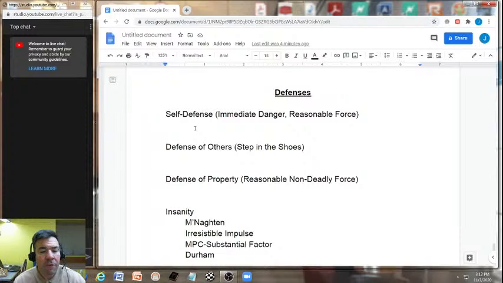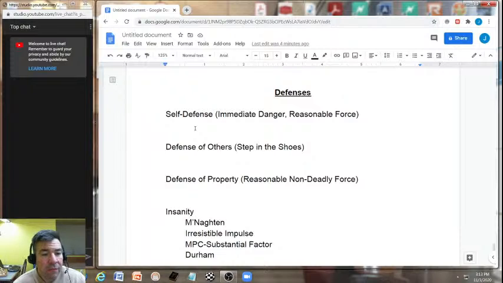Self-defense would say that a reasonable person in that particular situation would understand that their life was in immediate danger, and that the force that was taken was the reasonable force to meet that immediate danger.